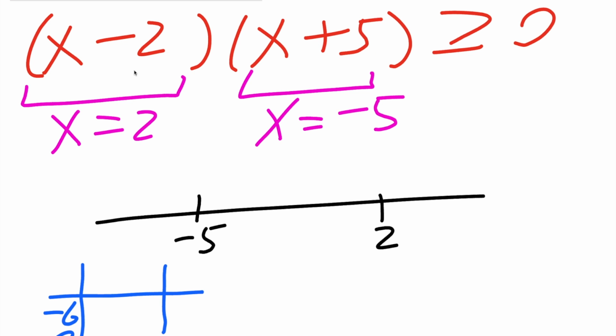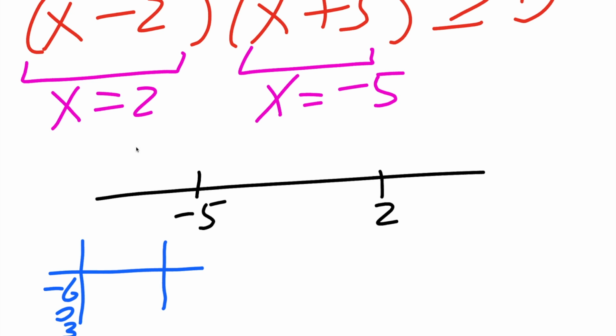Now in this problem, this is saying that this stuff right here is going to be greater than or equal to 0. So I need to think, is a positive number bigger than 0? Yes. Now is a negative number bigger than 0? No. So right now we need to figure out what makes this piece positive and what makes this piece negative. And that's going to lead us to our answer. So we put a -6.